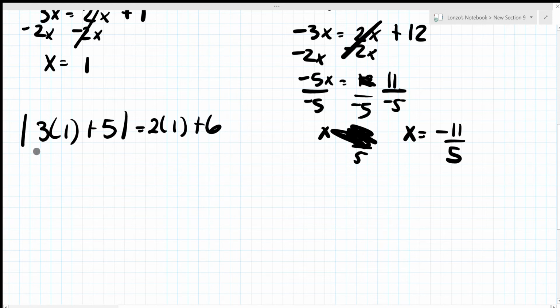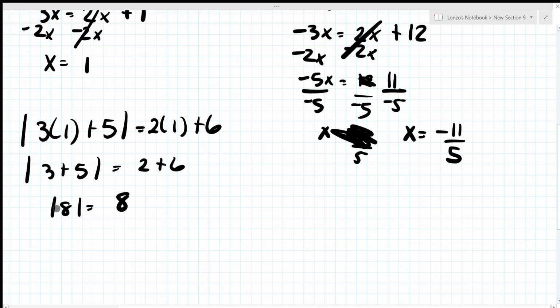So 3 times 1 is 3, so this is 3 plus 5, equals 2 times 1 is 2 plus 6. 3 plus 5 is 8, absolute value of 8. And then 2 plus 6 is 8. So the absolute value of 8 is 8, equals 8. So that's true. So we definitely can use x equals 1.